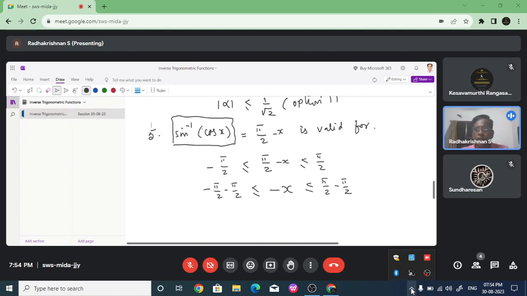So what is minus pi by 2 minus pi by 2? This is minus pi. This is what you are getting. So you multiply this whole thing by minus 1, and you will get the range of x to be 0 to pi. That's what they're asking you to find.